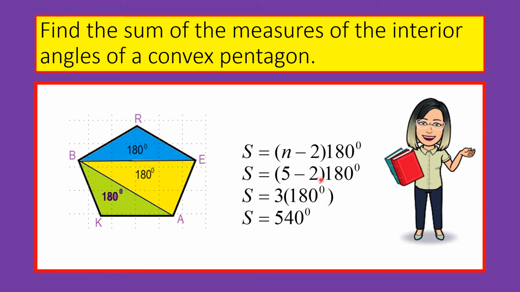So 5 minus 2 times 180 degrees. 5 minus 2 is 3. 3 times 180 degrees equals 540 degrees. Therefore, what is the sum of the measures of the interior angles of a convex pentagon? So what is our answer? Our answer is S equals 540 degrees.